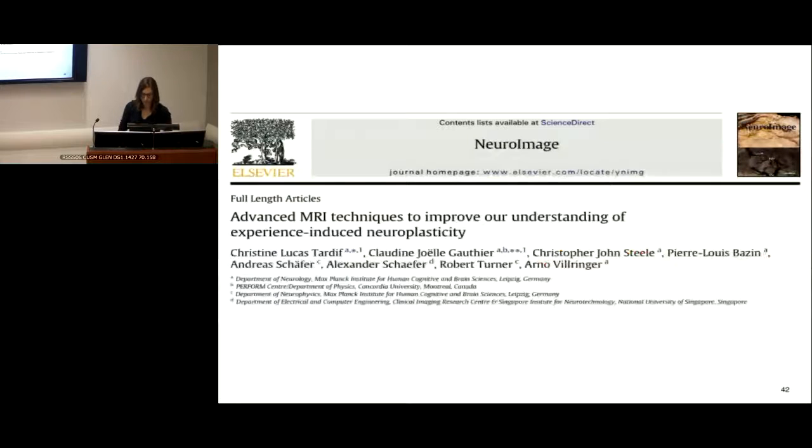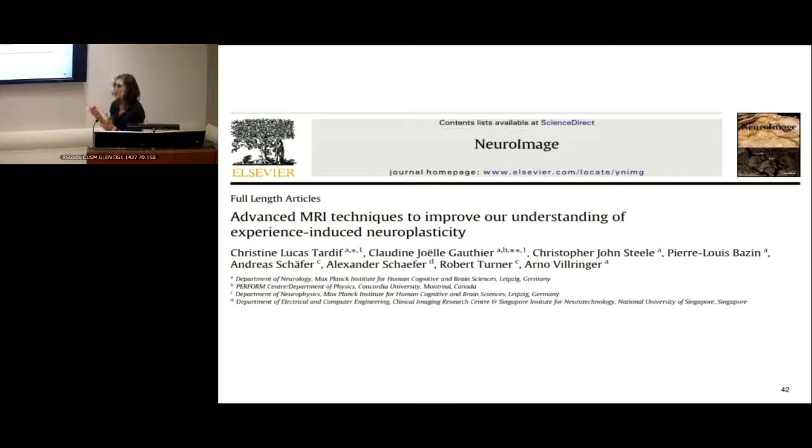So this led to a review paper that Claudine and I and a couple of our colleagues at the Max Planck wrote together to highlight some of the advanced quantitative imaging tools that we could use to gain a better understanding of what's happening at the microstructural level, specifically in the context of brain plasticity studies.